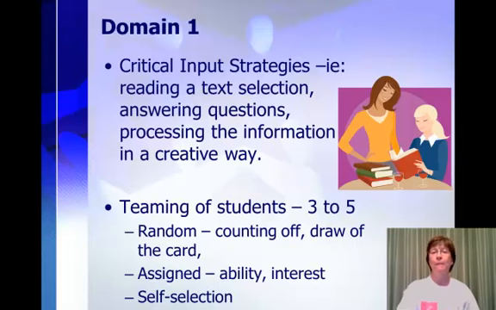So basically with your team learning, you have a team of students, not less than 3, and should not be more than 5, and you can team your students in a variety of ways. One is you can have random teaming, which you can have students count off, or you can have them draw a card. And here you can get creative. You can just use a deck of cards.